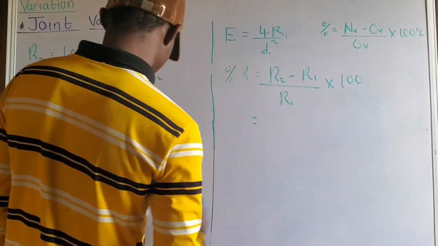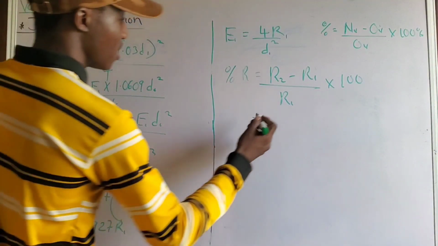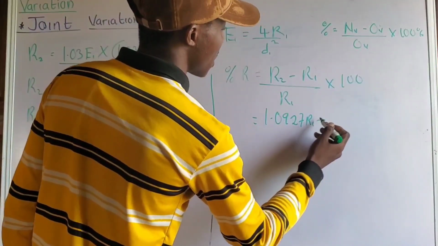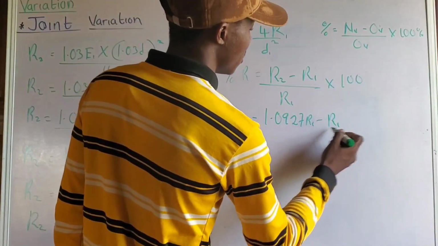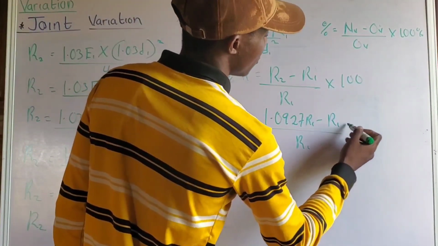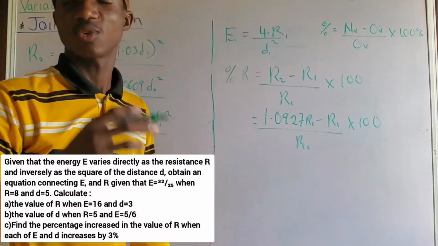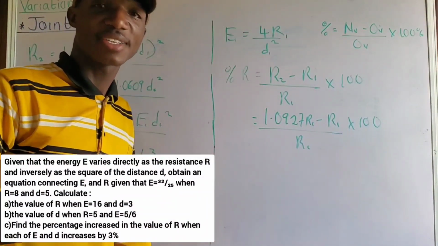Okay, r2 is 1.0927 r1, minus r1, all over r1, multiplied by 100. Let me tell you, r1 is also the same thing as 1 r1, just as x is the same thing as 1x.